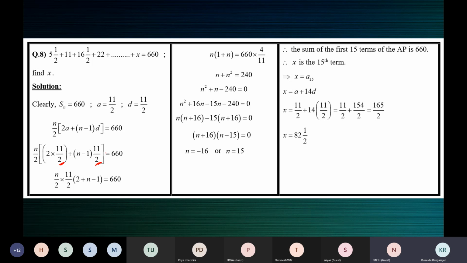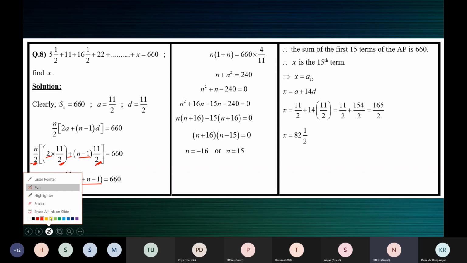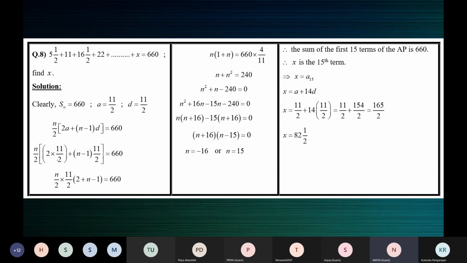So 11 by 2 is common, and n by 2 is out here into 11 by 2 common. So then you'll have 2 plus (n minus 1) is equal to 660.